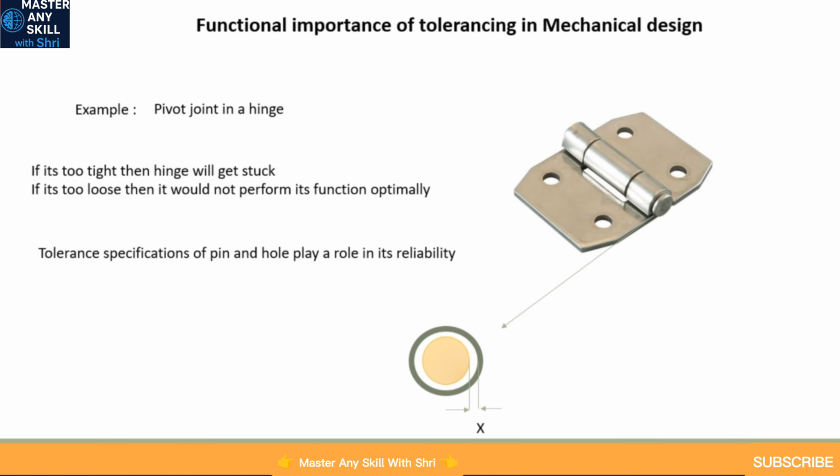The tolerance specifications of pin and hole play a very big role in the reliability of the hinge joint. The tolerances basically define the fit, which is the interface between the pin and the hole, which we will look at in detail in the coming sections.